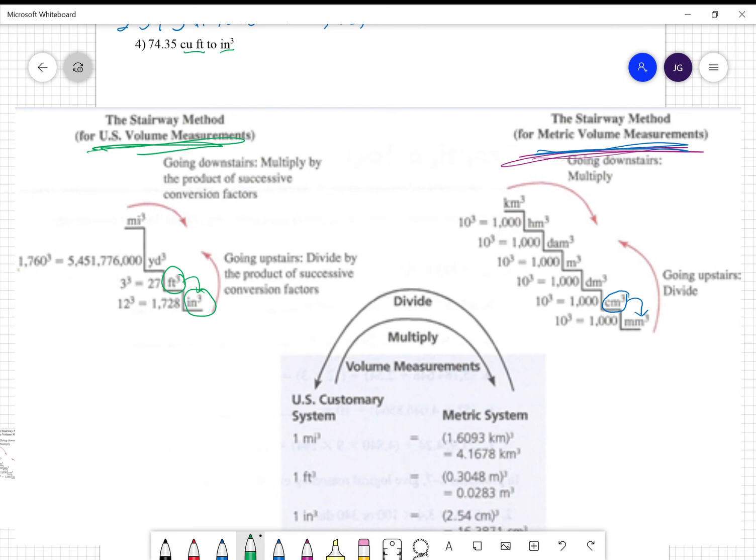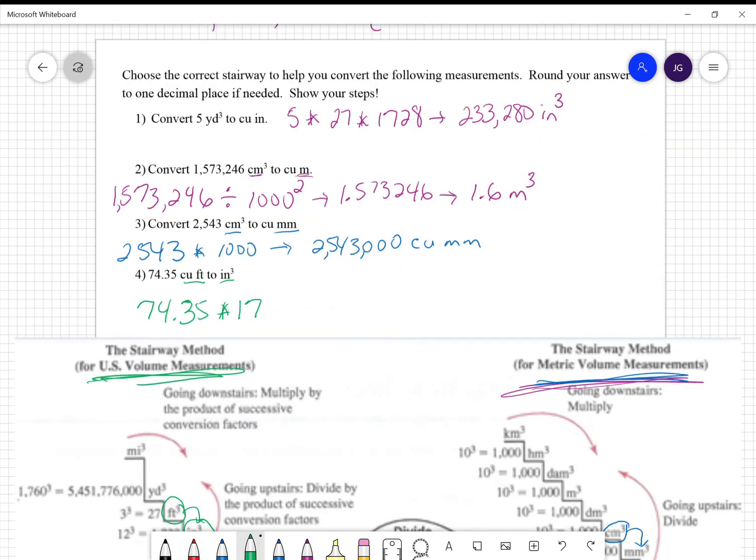So I'm going down. I'm going to take the beginning number, 74.35, and multiply it by 1,728. That gives 128,476.8 inches cubed.